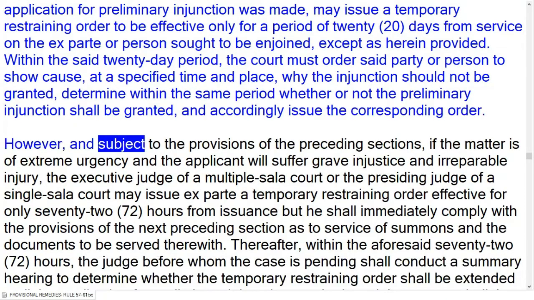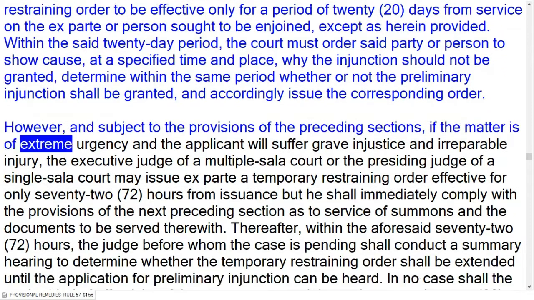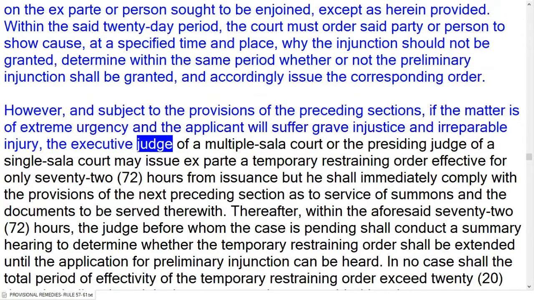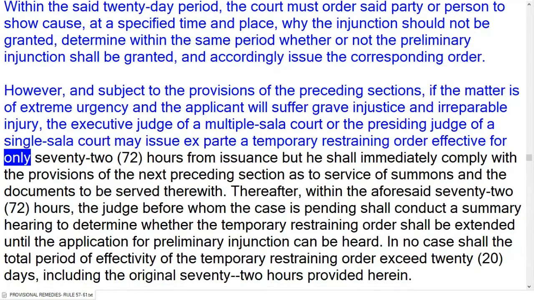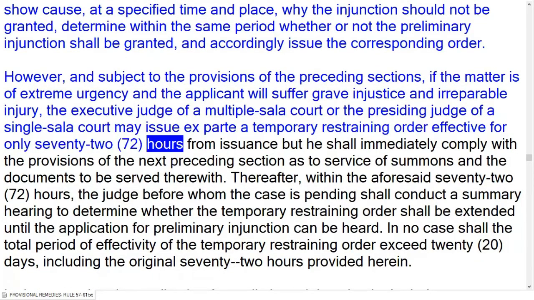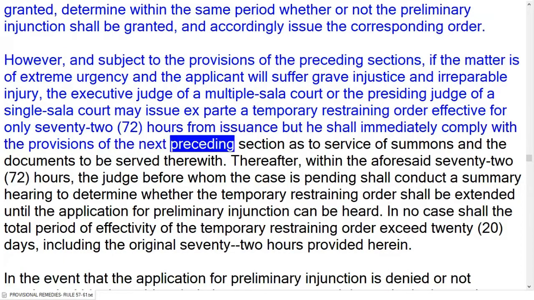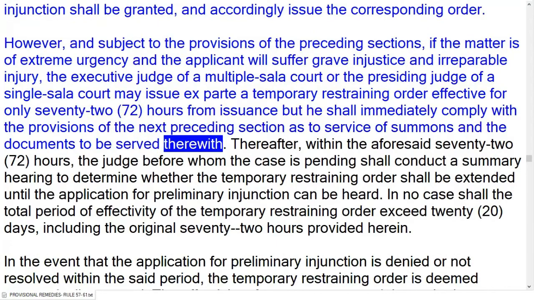However, and subject to the provisions of the preceding sections, if the matter is of extreme urgency and the applicant will suffer grave injustice and irreparable injury, the executive judge of a multiple sala court or the presiding judge of a single sala court may issue an ex parte temporary restraining order effective for only 72 hours from issuance, but he shall immediately comply with the provisions of the next preceding section as to service of summons and the documents to be served therewith.